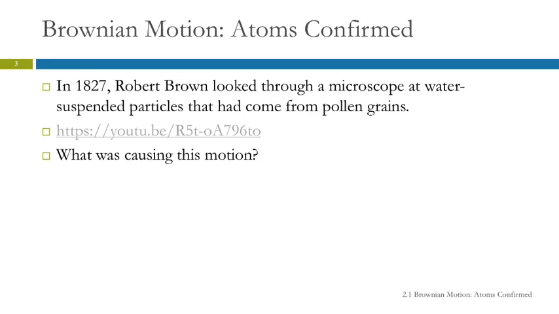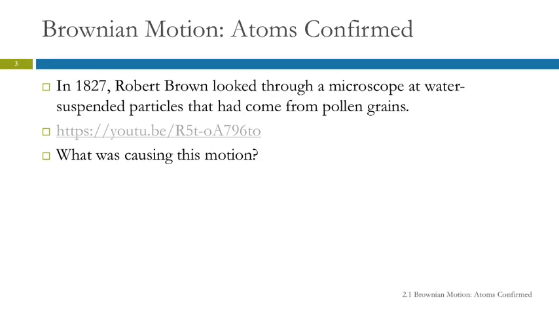Because non-living things don't wiggle around like that, but living things do. But it was later realized that they're not alive, and what's actually causing those particles to move is they're being hit by water molecules. So we can't see the water molecules using a microscope like that, but we can see these very small dust particles from the pollen grains.